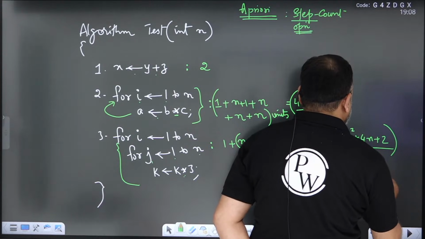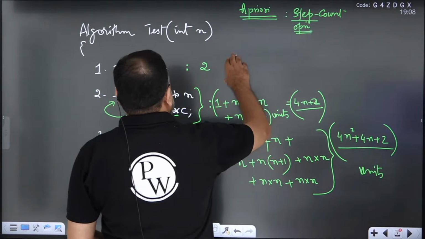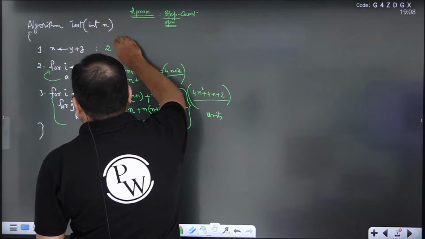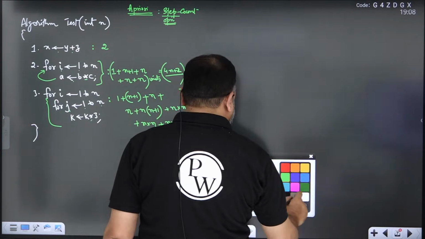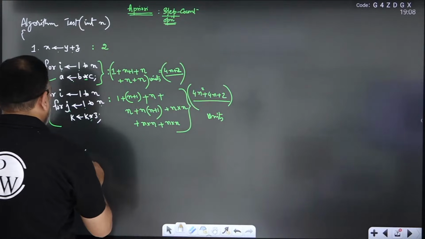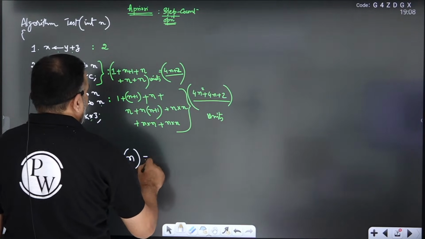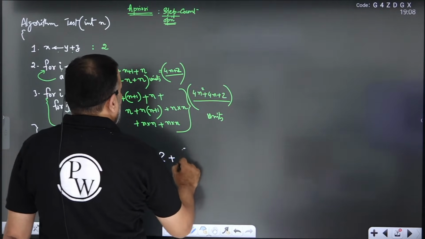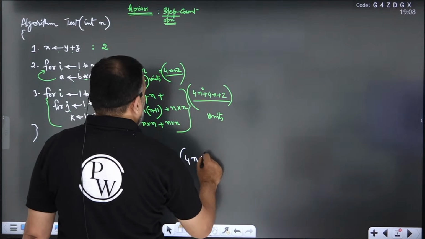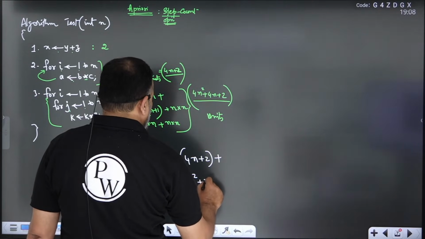These are the units. So total time of the algorithm कितना हो जाएगा? Time is nothing but sigma of all the steps. So if I represent time by means of a function like t of n, for example, it is nothing but sum of time of step 1, plus time of step 2, 4n plus 2, plus time of step 3, 4n square plus 4n plus 2.